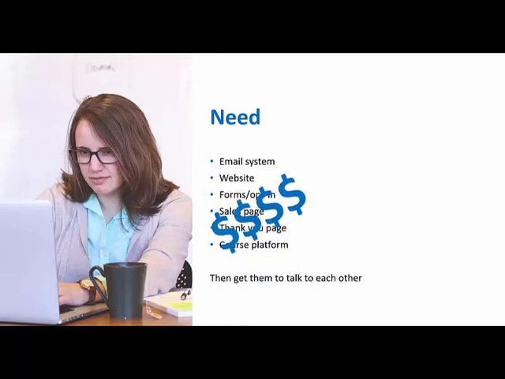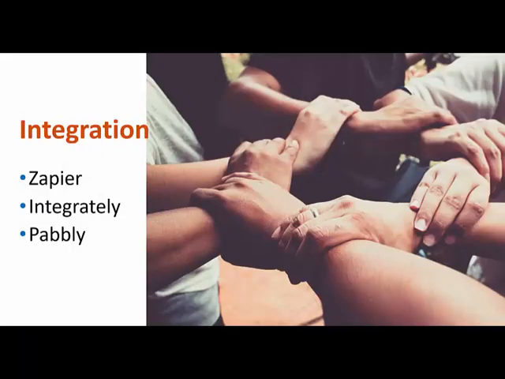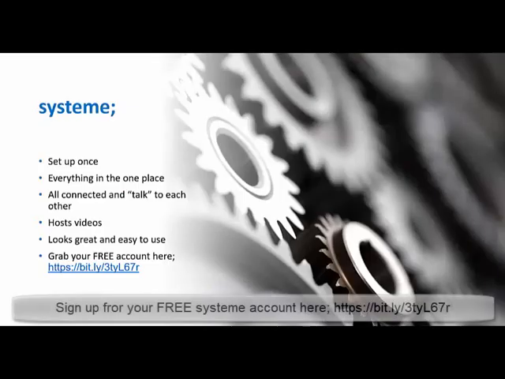It also costs a lot of time and effort. You can integrate using services such as Zapier, Integrately and Pably. They cost money, and I don't know about you, but I wanted to make it easy without having to pay every time somebody clicked a Zap link, and I wanted it to talk to each other already, so I didn't have to worry about all that sort of stuff.